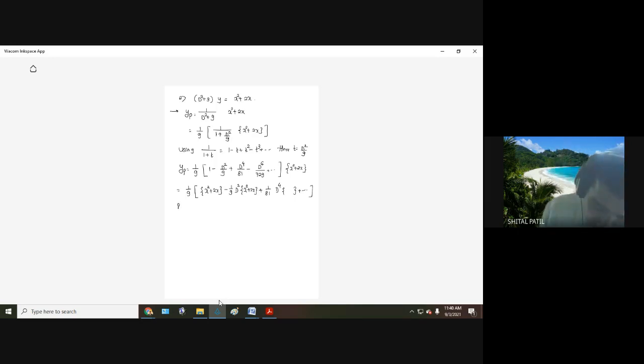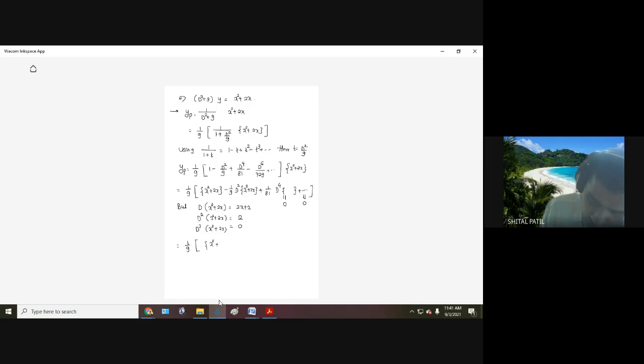But what we know about the derivatives of x square plus 2x, it is like this. In fact, the third derivative becomes 0. Fourth derivative will obviously be 0. Remaining all the derivatives will obviously be 0. Hope you are getting all these things.